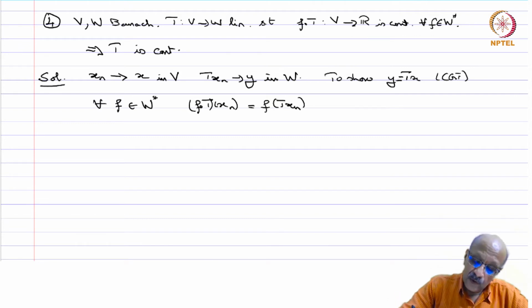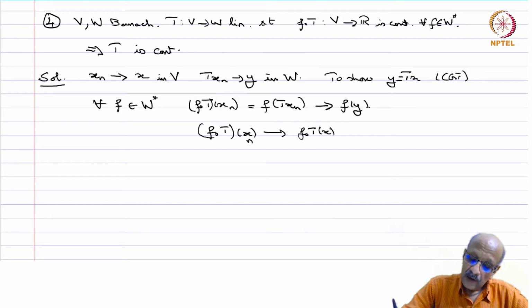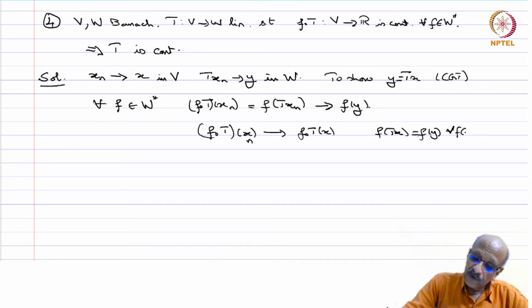T of Xn goes to Y, so this goes to F of Y. But Xn goes to X, so this is also equal to F composed with T of Xn goes to F composed with T of X. So F of T of X equals F of Y for all F in W star.